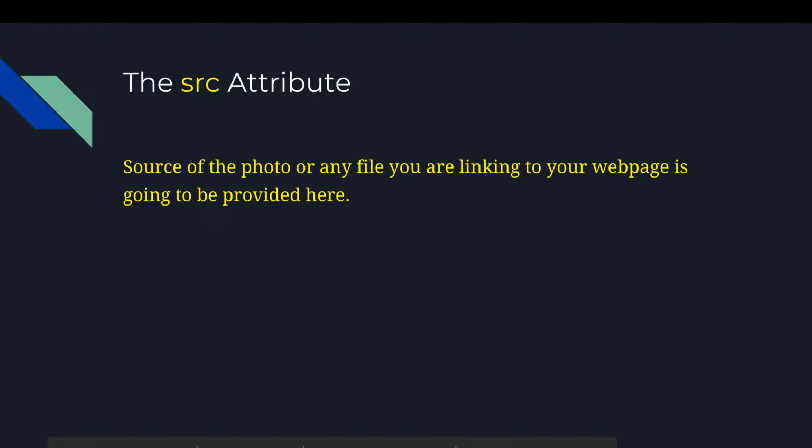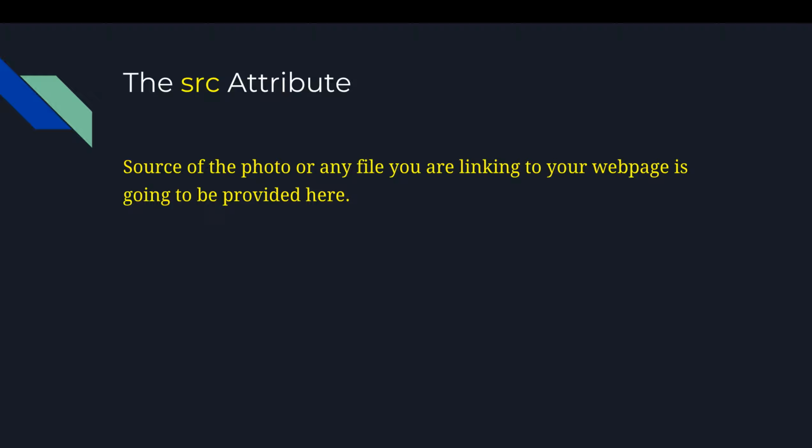Then we have the src attribute, which we use quite a lot, and some people find it difficult to understand the file paths of images or style sheets or JavaScript files or PHP files we add into our web pages. Any sort of external file we attach or link with our web page has to have the right source path.